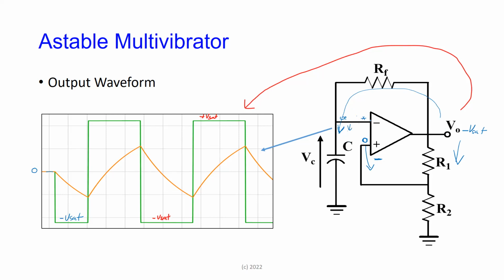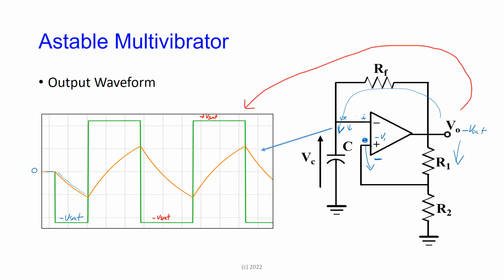Eventually, this voltage is going to get more negative than that voltage. This is the capacitor voltage here, VC. So the capacitor is charging negatively, right? At some point in time, it is going to reach a value, whatever this is, I'll call this minus V1. You'll see what it is in a second. At some point, this one is going to get here because the capacitor is charging towards minus VSAT.